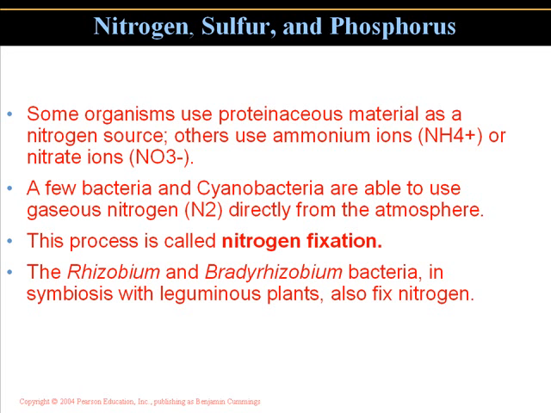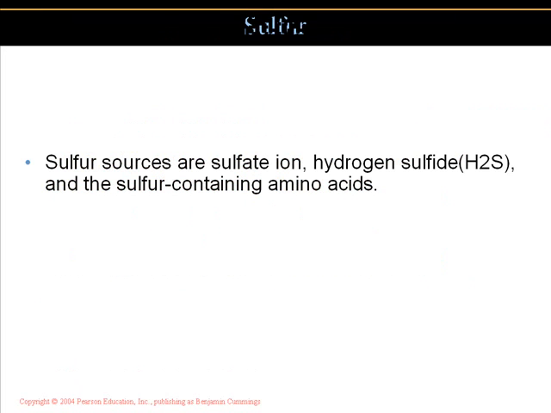Certain plants utilized in agriculture help fix nitrogen, bringing nitrogen into the soil, which fertilizes the soil and helps crops grow. So these bacteria that are able to do nitrogen fixation are utilized in agriculture as well.